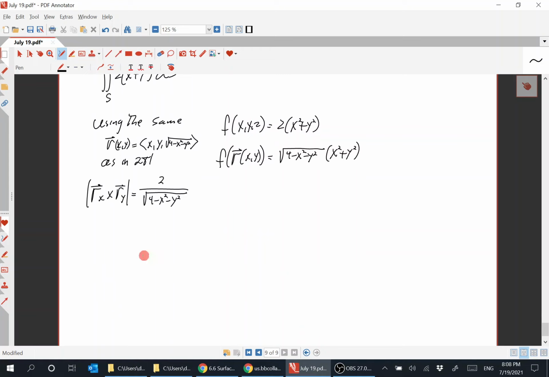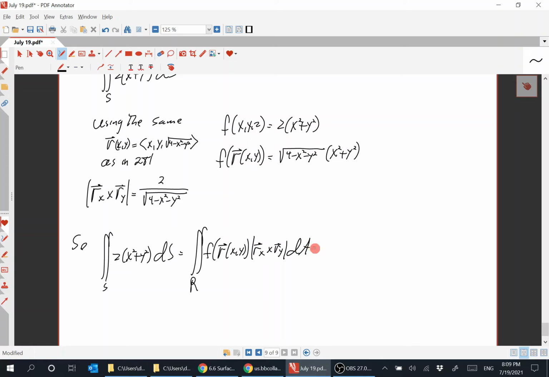So now the scalar surface integral of z times x squared plus y squared dS is the double integral over R of f of r of x, y times the length of rx cross ry dA.